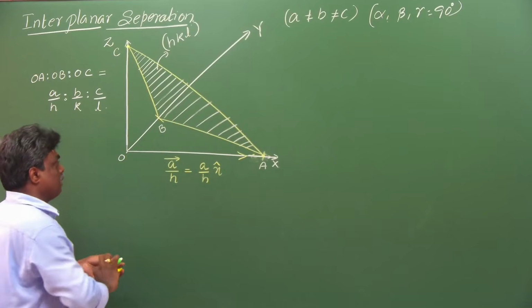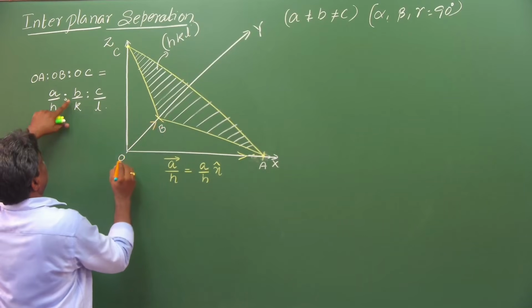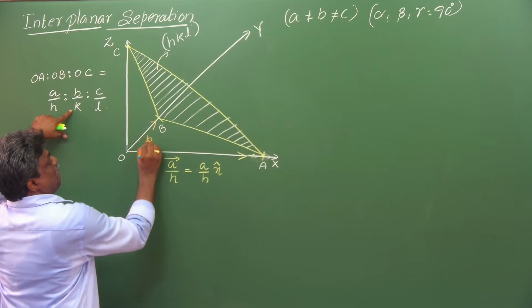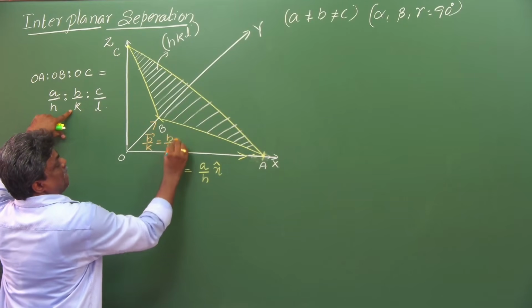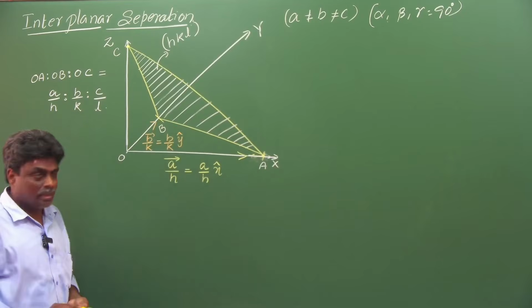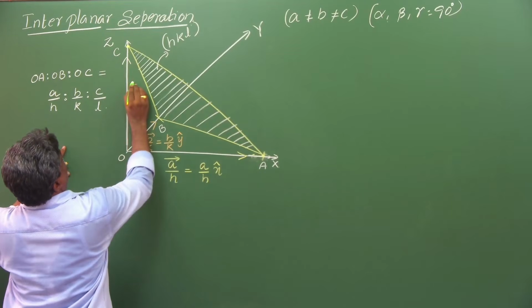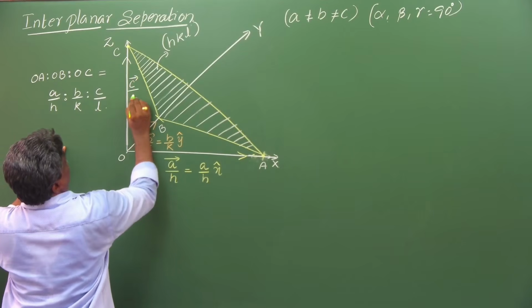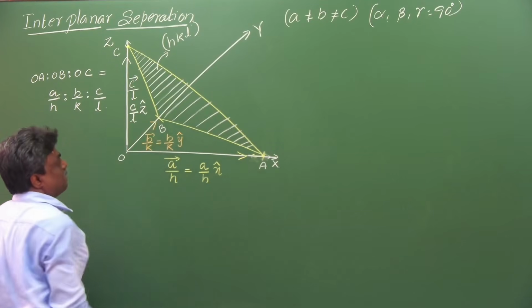Now OB bar is B bar by K, which is B by K y cap. Next, OC bar equal to C bar by L, which is equal to C by L z cap.